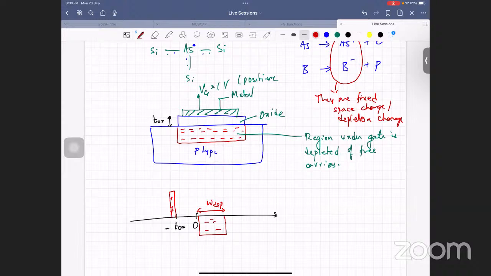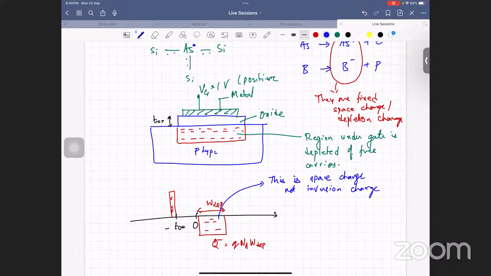The charge density is fixed here. This is my depletion width, right? The total charge here, Q negative, is equal to Q times Na times W depletion. This is space charge, not inversion charge.